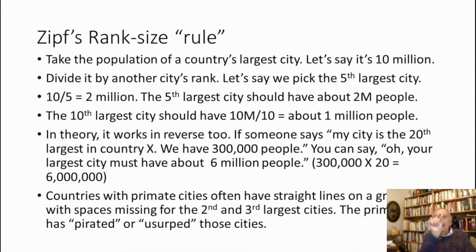If you go back to that graph with the straight line, you still have a regular line, and I shouldn't say straight line. You have a line. It'll be a wobbly line. What happens in the primate city distribution is you still got the line, but the second, third, and fourth dots are missing. The biggest city, the primate city, has pirated that stuff away.